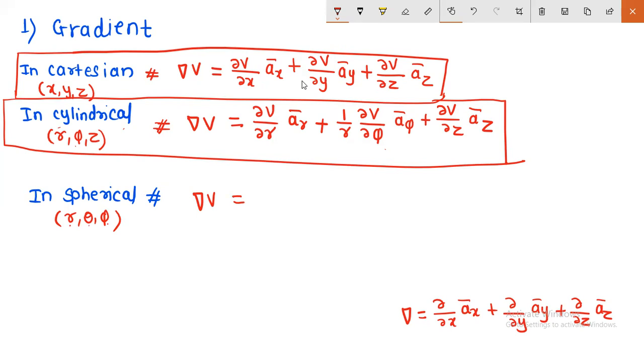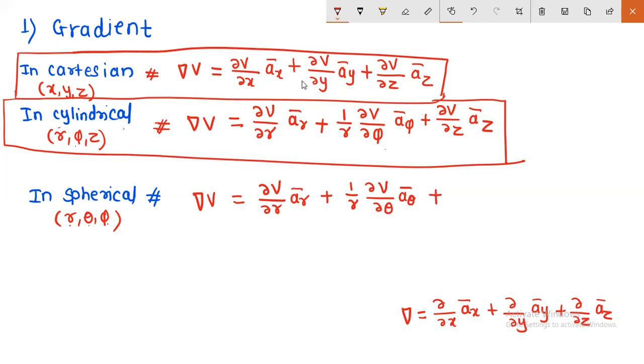Therefore it is written as dabba V upon dabba R into unit vector a bar R, plus the second coordinate is theta, 1 upon R into dabba V upon dabba theta into unit vector a bar theta, and plus the last coordinate is phi.